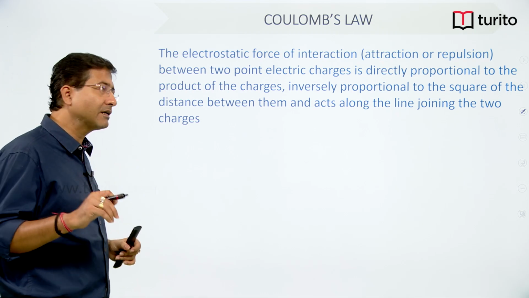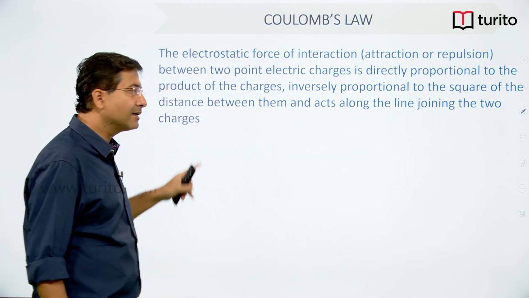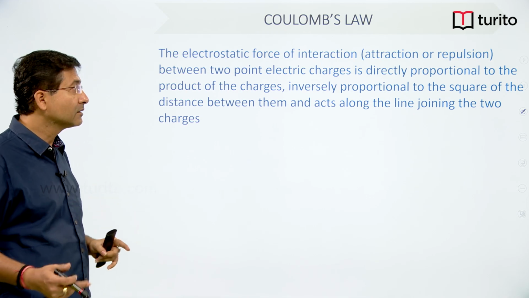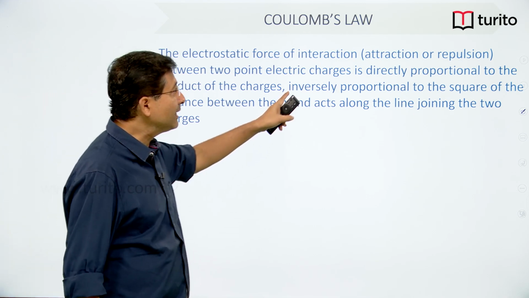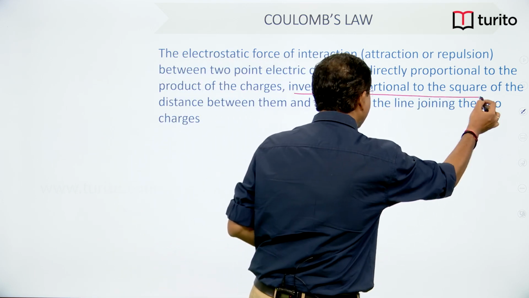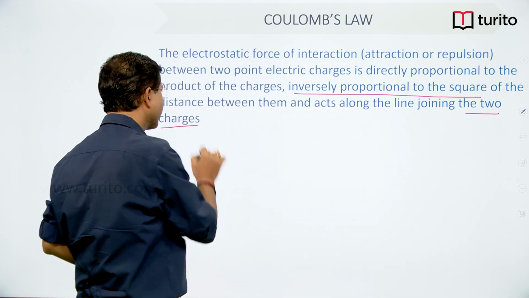During revision of gravitation, I told you when force acts along the line joining, it is called central force. That means Coulomb's force is a central force. This is also following the inverse square law.